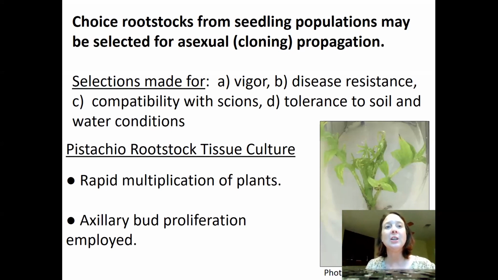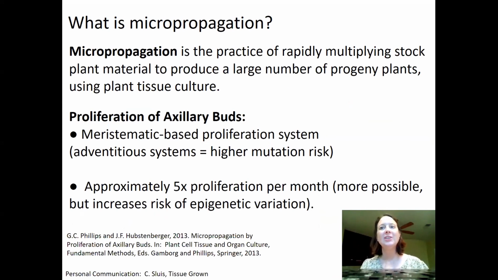This is generally done with axillary bud proliferation. So these clonal plants are derived from micropropagation. Micropropagation is the practice of rapidly multiplying stock plant material to produce a large number of progeny plants using plant tissue culture.